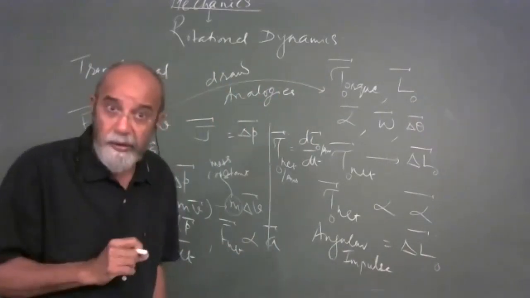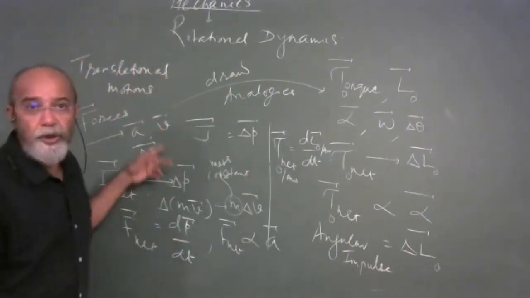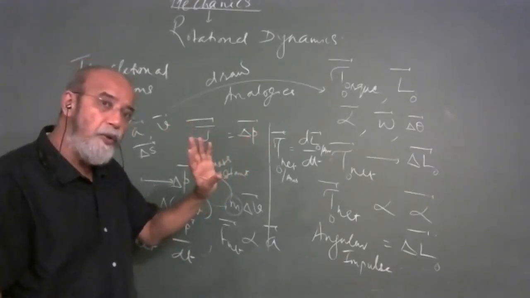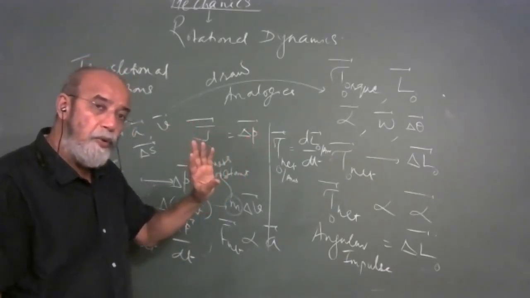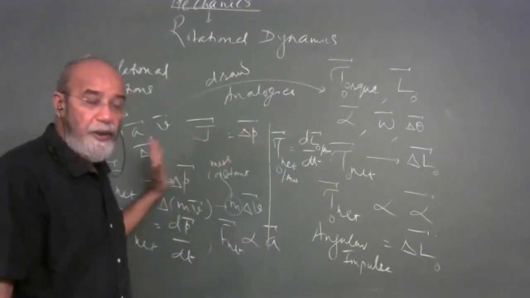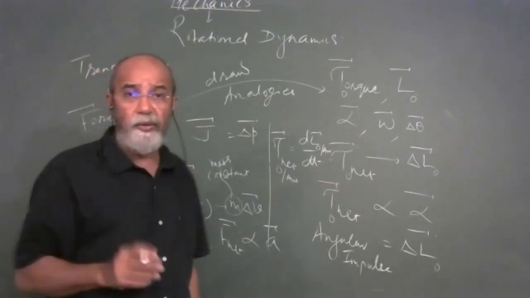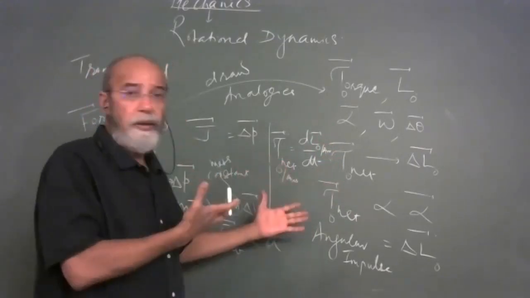Then does the work energy theorem, net work equal to delta K, is it valid here? Why not? All the things that you learned in work energy are valid here.